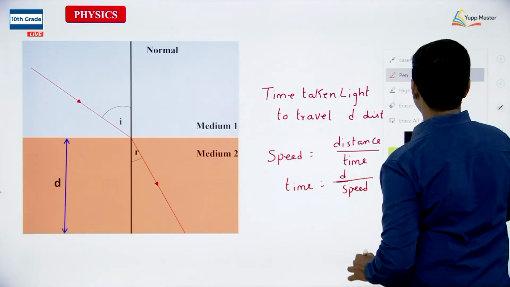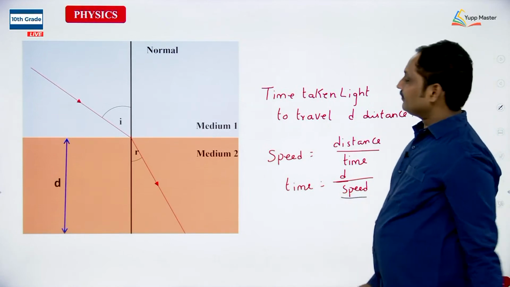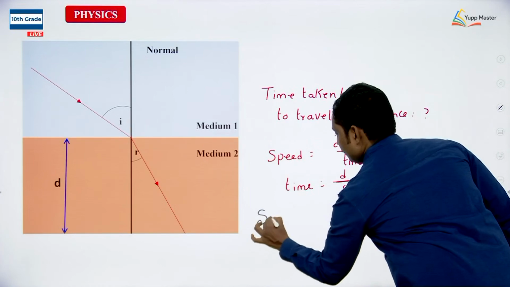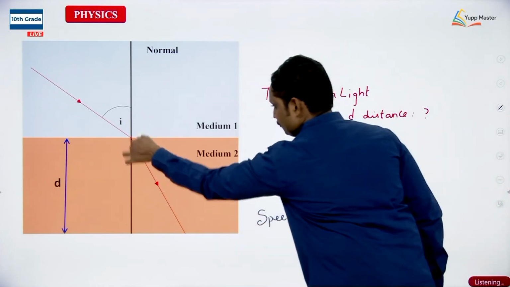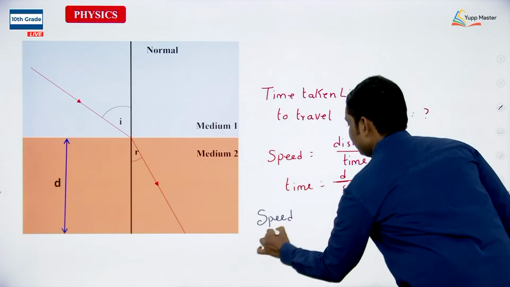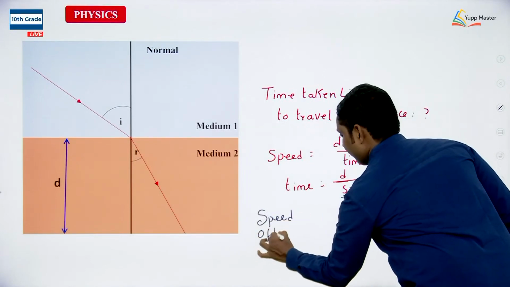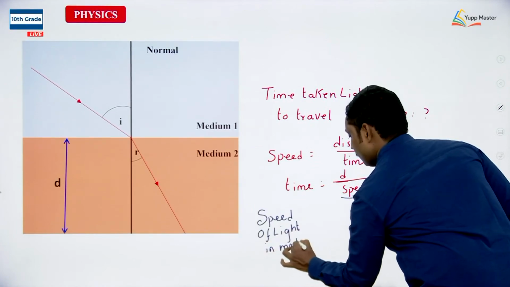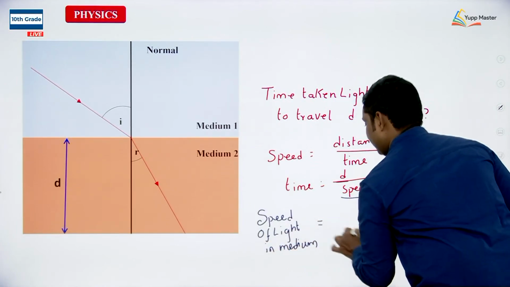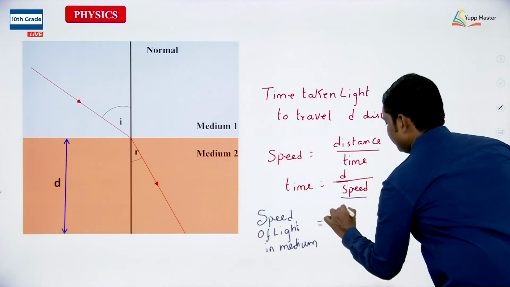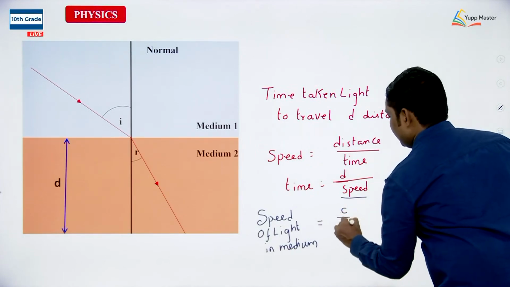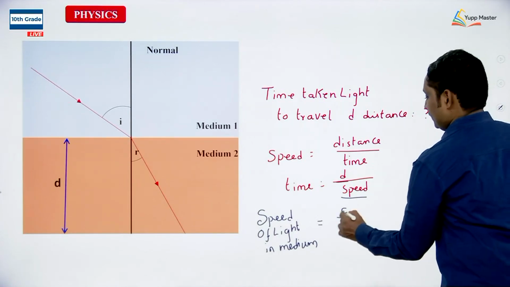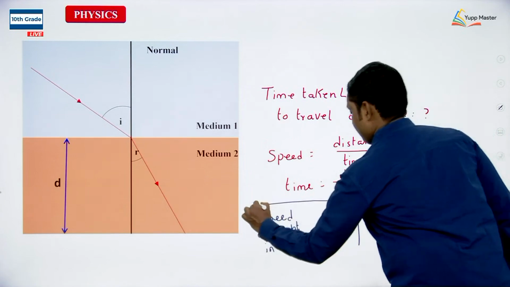So, you are going to solve the problem using speed. The speed of light in a medium is going to be c by mu, yes, c by mu.